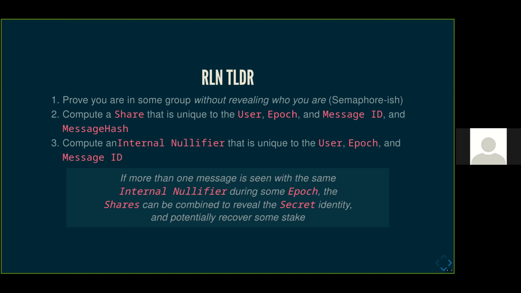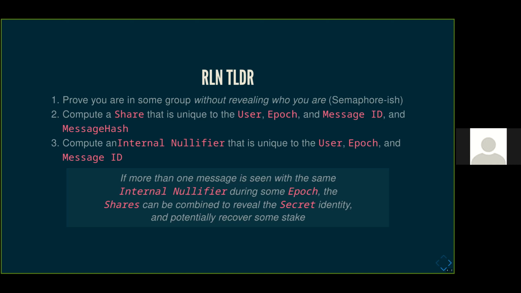So whatever specific message that the person is sending. If they send the same message over and over, that could be blocked at a networking level or protocol level, because the share and the internal nullifier and everything will be the same. If the user, the epoch, and the message ID are the same, it's essentially the same message.